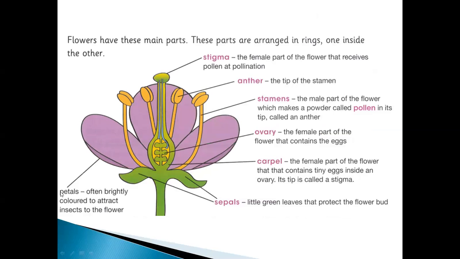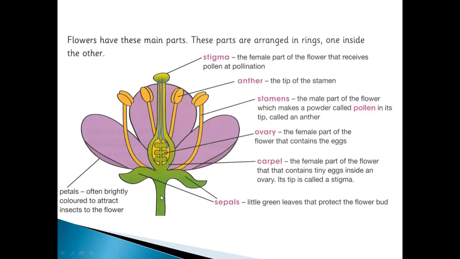After the petals, sepals: the green parts like leaves. You can see here little green leaves that protect the flower bud.